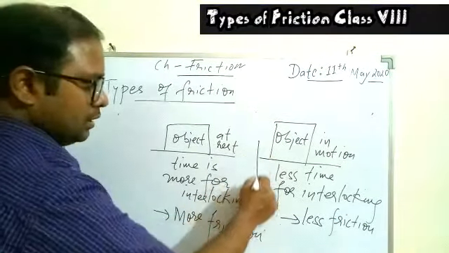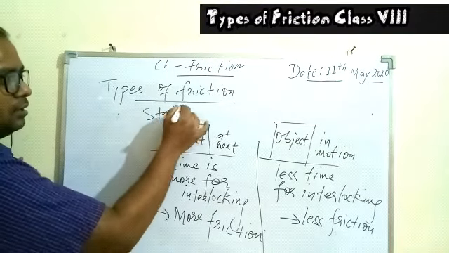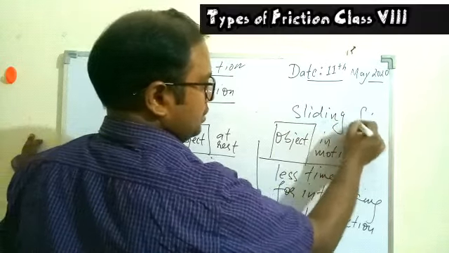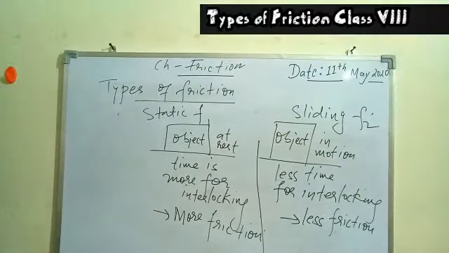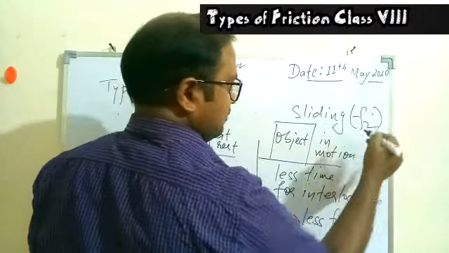Understood? So it is clear if you compare the static friction and the sliding friction, let the static friction be F1 and the sliding friction be F2.